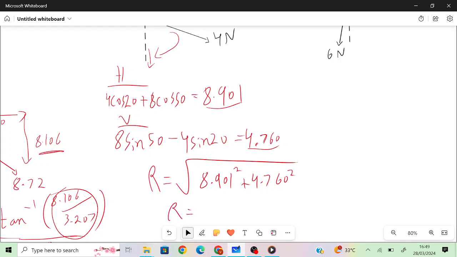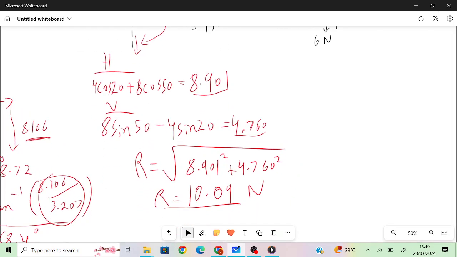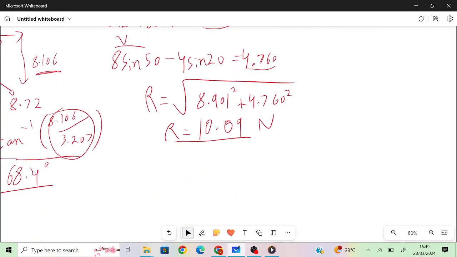If I put this in my calculator, this gives me a resultant force of 10.09 newtons to 4SF.